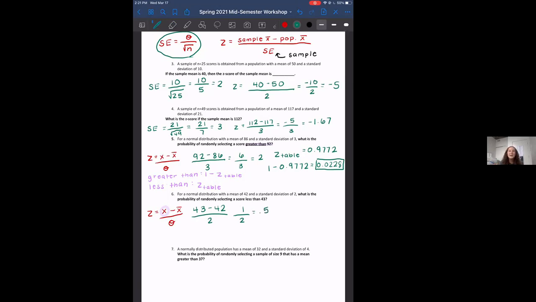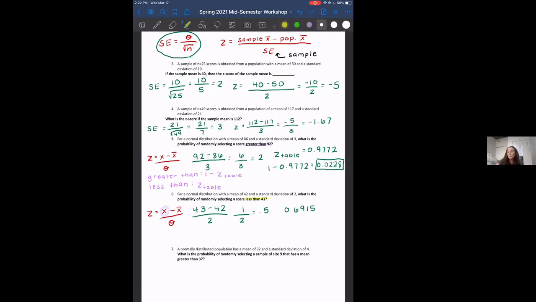When you plug that into your z-table, what value do you get? Good, 0.6915. Okay, let's go back to the question. What is the probability of randomly selecting a score less than 43?